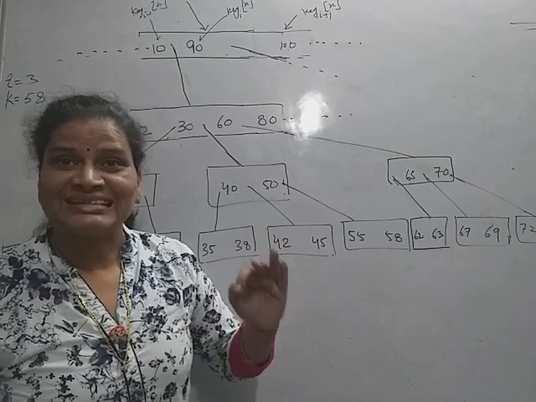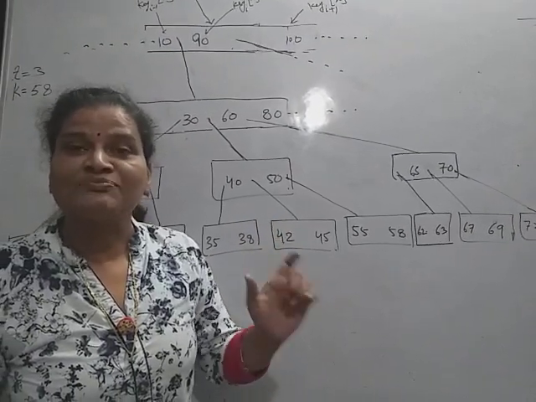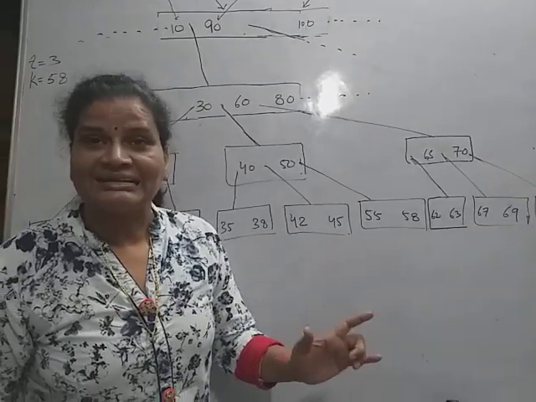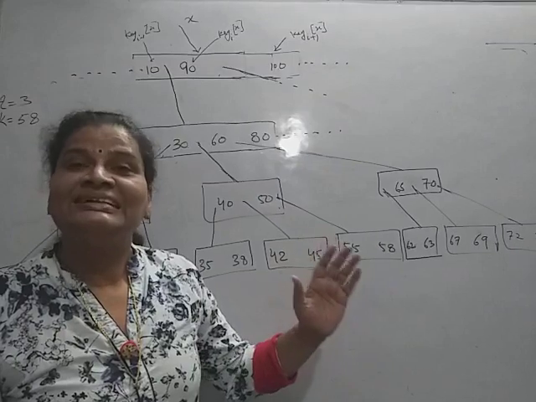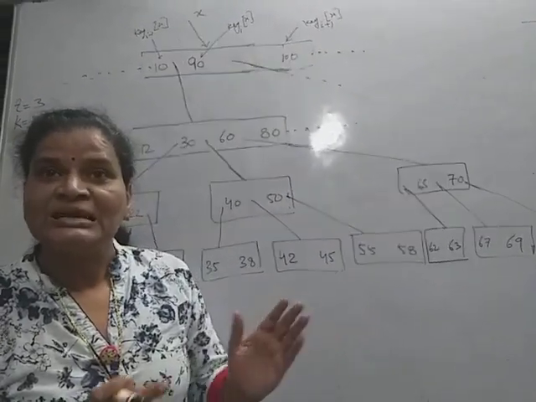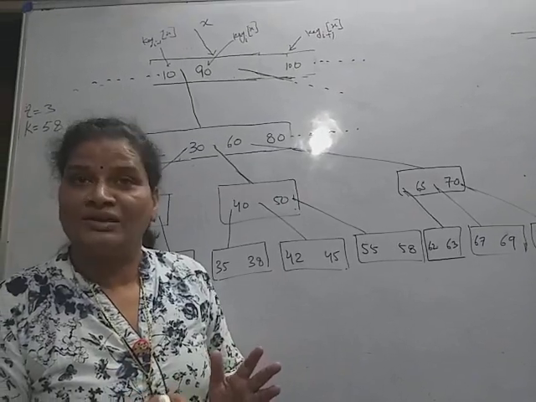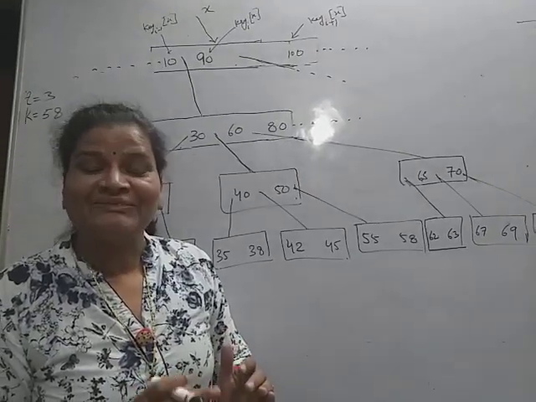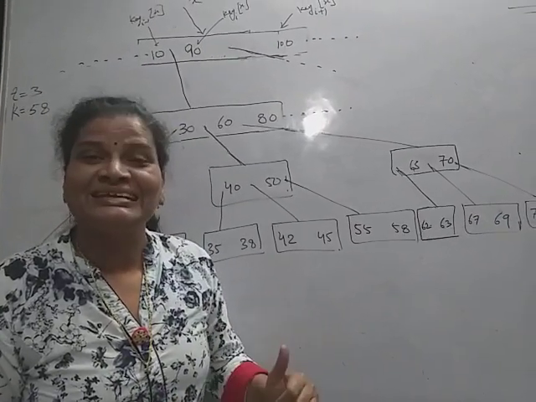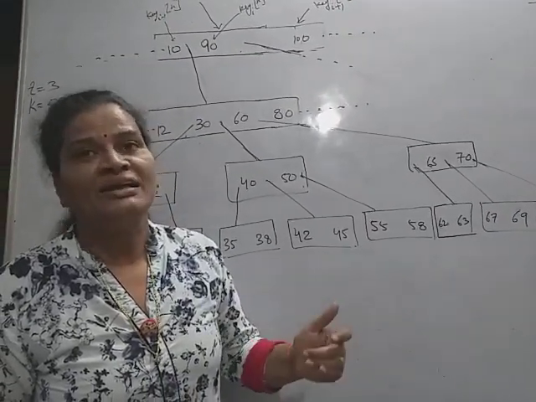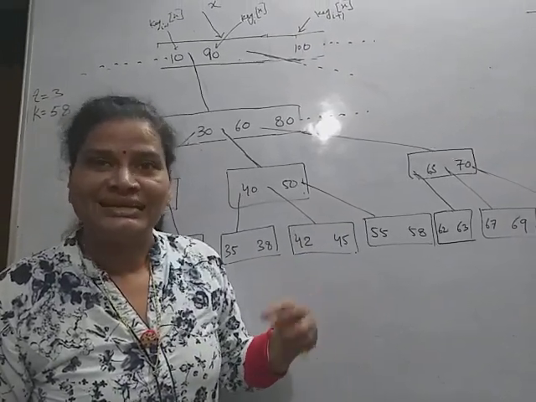It means before calling the recursive procedure for a node, if that node contains t minus 1 keys, then we increase the number of keys by 1. There are a number of ways to do this according to certain conditions.